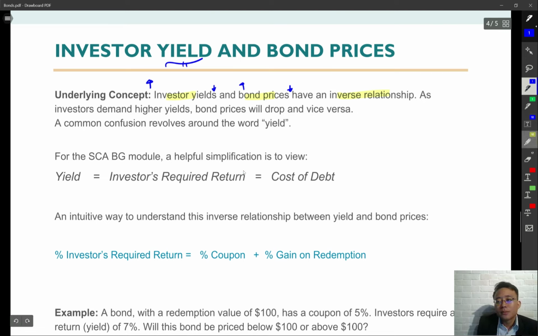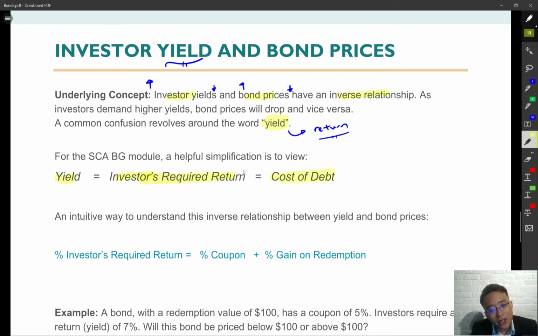So, the sticky part is always the meaning of the word yield. Yield, in its simplest way, refers to the return you earn. Used in bonds though, you have to keep in mind that yield is the investor's required return, what he wishes to earn, and it is also known as the cost of debt, because what you wish to earn will then be the cost of someone else.